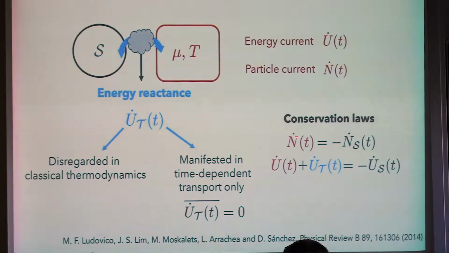This is the number of particles entering the macroscopic reservoir. That should be minus the number of particles entering the nano device. But in this case, there is no contribution of the tunneling region, because the tunneling region here is just a way for letting particles pass from one side of the sample to another, and that's all.